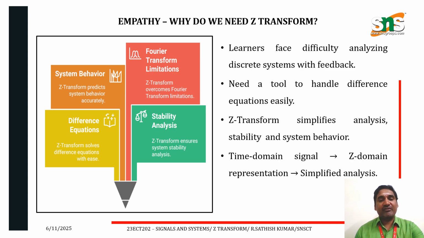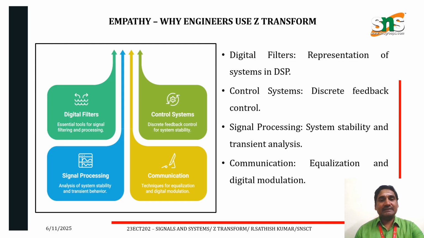Z transform simplifies the analysis of stability and system behavior, moving from time domain analysis into frequency domain analysis. This is why engineers use the Z transform. It is used in digital filters, control systems, signal processing and communication. For digital filters, it is an essential tool for signal filtering and processing.